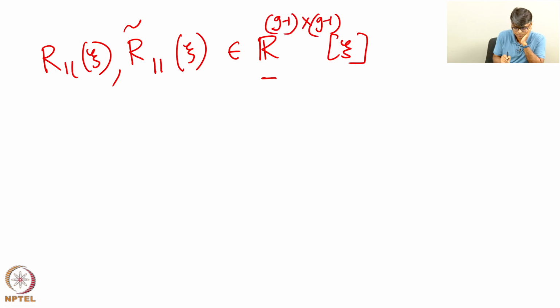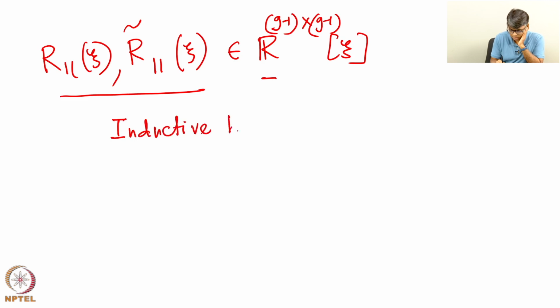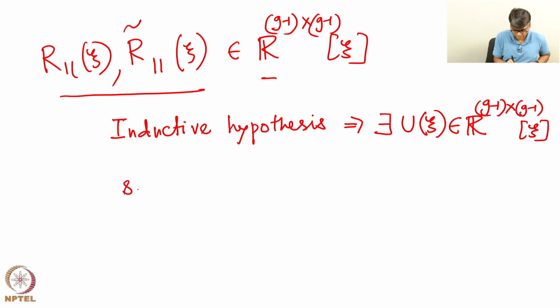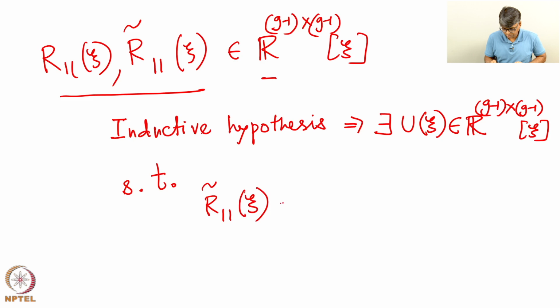Because they are smaller size matrices, by our inductive hypothesis the theorem must be true for G minus 1. By inductive hypothesis, this implies there exists a unimodular matrix U(ξ) of size (G−1)×(G−1) such that R11 tilde(ξ) must be equal to U(ξ) R11(ξ).